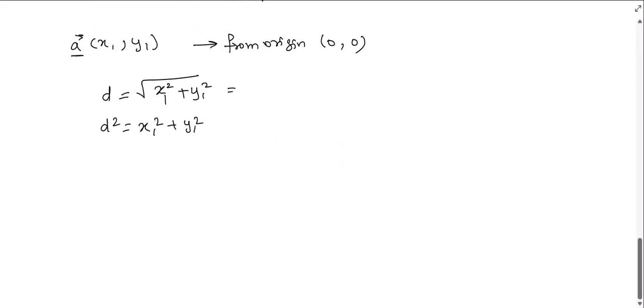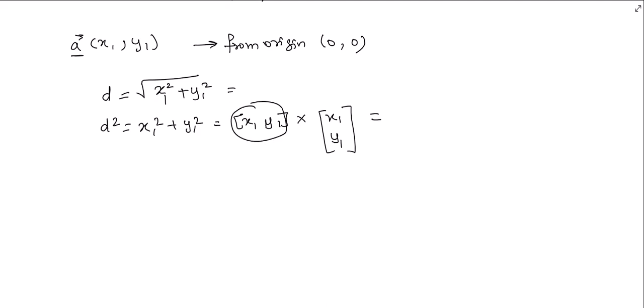Another way to represent this is in the form of a matrix, where we can say x1 and y1 times x1 and y1. Right? This is correct. Now this we can represent, if you remember, as vector A, and this is also the same vector.